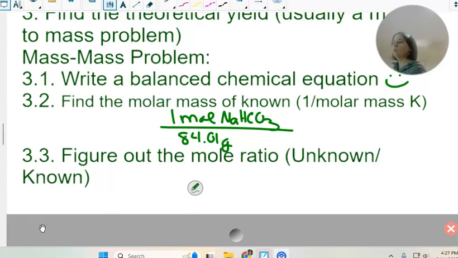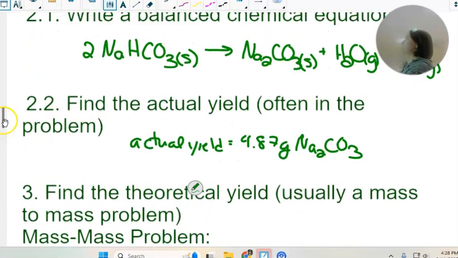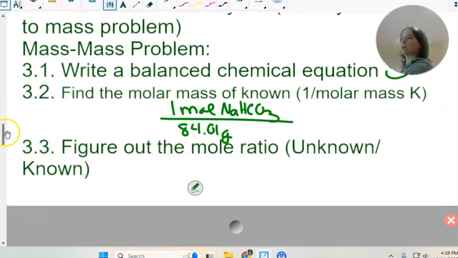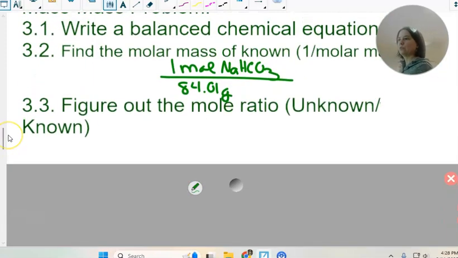Now find the mole ratio with our unknown. What are we going for? Well, that's the product here. So the product is sodium carbonate, and it's our unknown, even though we have an actual yield, because in our mass-to-mass problem, we don't know the theoretical yield yet.